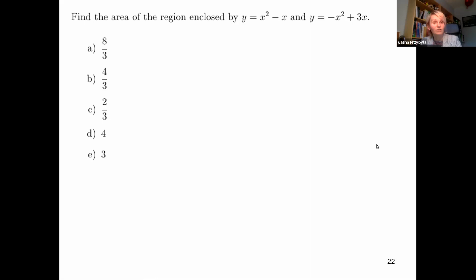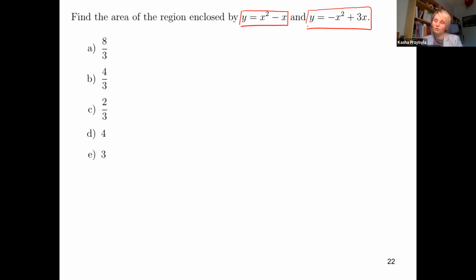Find the area of the region enclosed by the parabola x squared minus x and another parabola, negative x squared plus 3x. One parabola opens up, one opens down, so they probably form a loop. We have to find the points of intersection and then see how we can integrate.